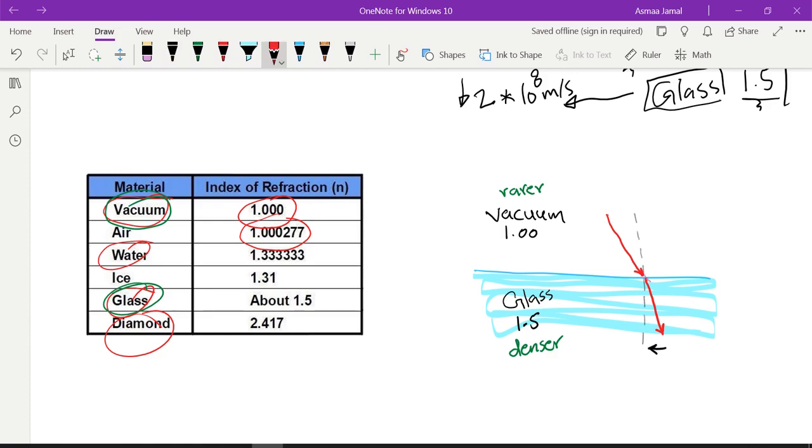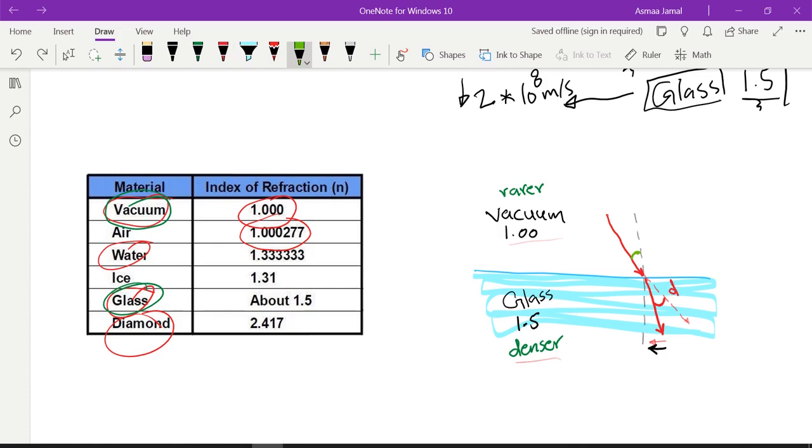If we here complete this light of incident, it should be something like that. But since we have two different media, the vacuum and the glass, it will deviate in the direction of the normal because vacuum is rarer than the glass. This angle, we will call it the angle of deviation.